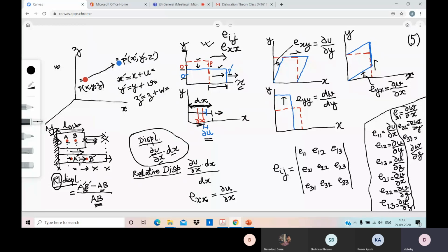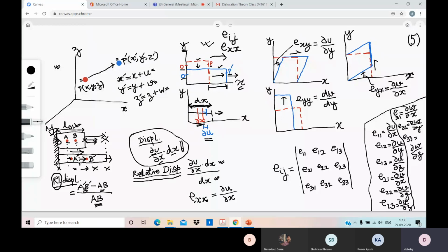So this is the total displacement on the entire length dx. We divide it by dx, because dx is also the initial length. So displacement divided by initial length is my relative displacement.